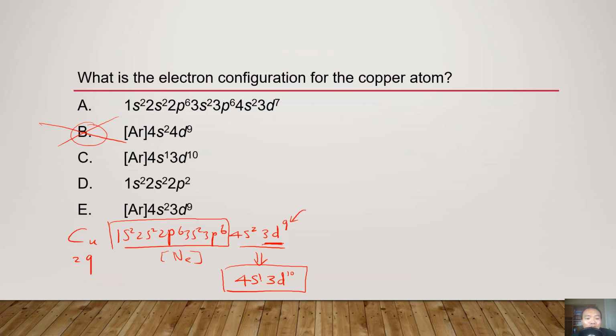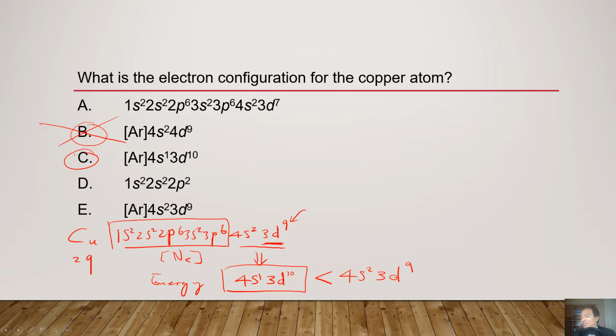That means all 5 d orbitals are filled with electrons, so the total energy is actually lower than the other combination. So the correct one turns out to be C.